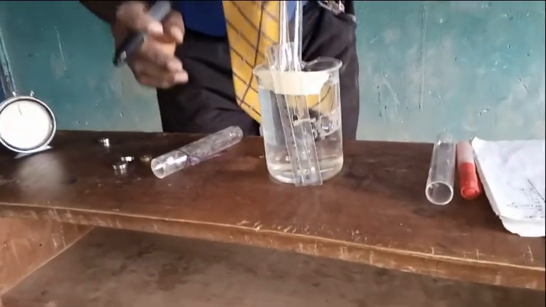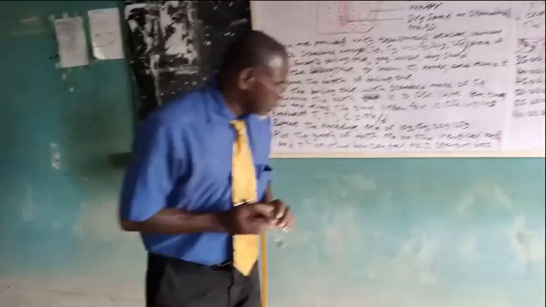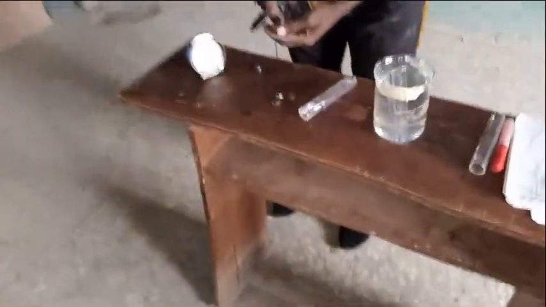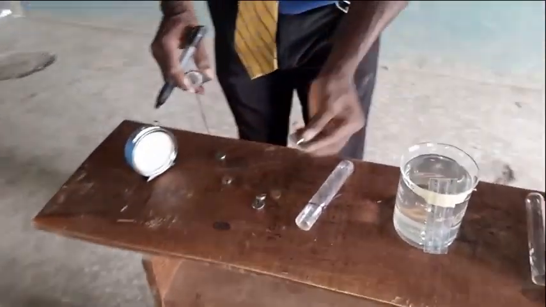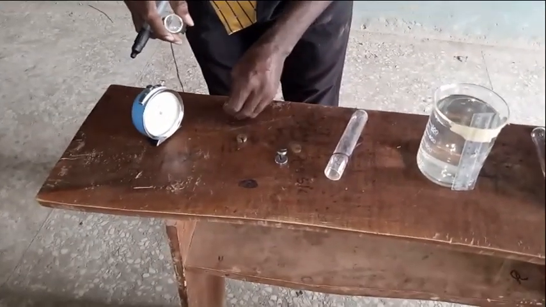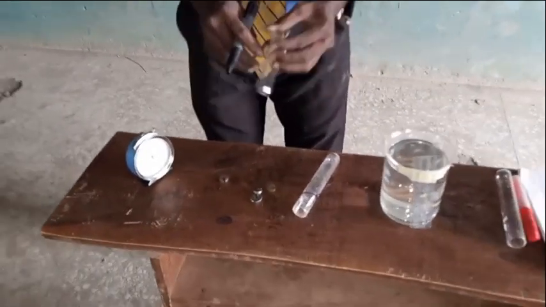The next one is 20. 10 gram plus 10 gram is equal to 20.